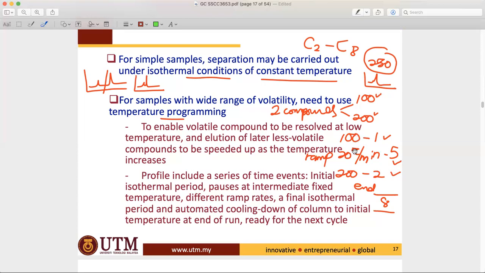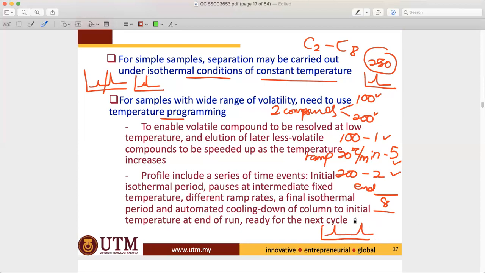Okay, once it reaches the 200 Celsius, then the 200 Celsius compound will be separated. So your chromatogram would be macam ni lah. So bila yang the first one dah elute dulu, sebab kita biarkan dia 1 minit untuk 100, dan untuk yang 200 ni jarak dia adalah 6 minit, betul? So basically yang 100 tu akan keluar dulu, and then kita ada masa lama barulah yang second keluar.